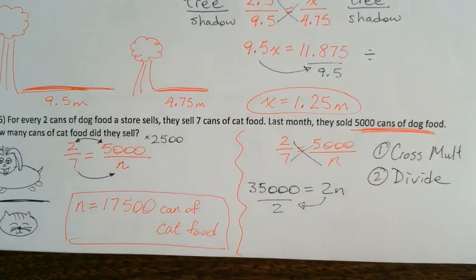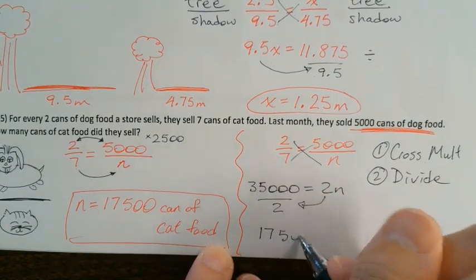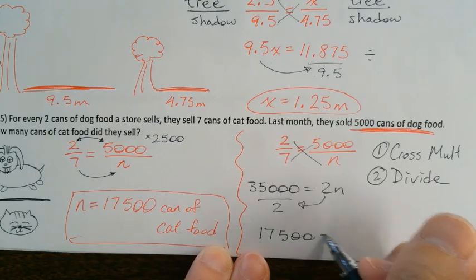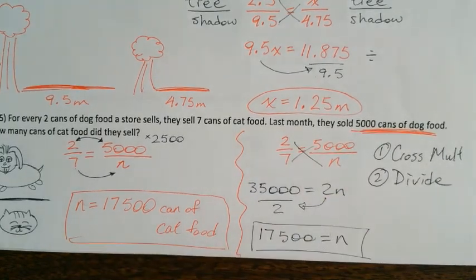Divide by 2, not just 2n, but divide by 2. Yeah. 17,500. Good job. So both methods, you come up with the same answer. Choose the method that you like. They're essentially the same thing. It's just the steps are different. Okay.